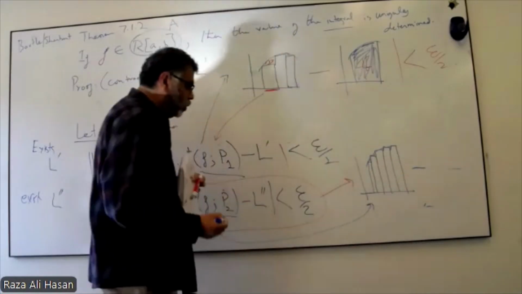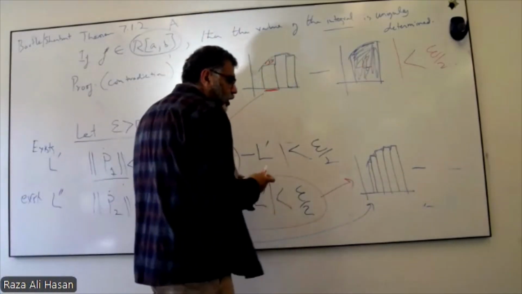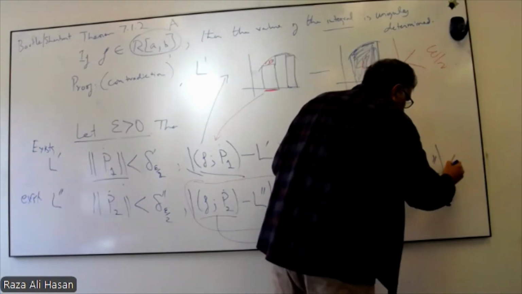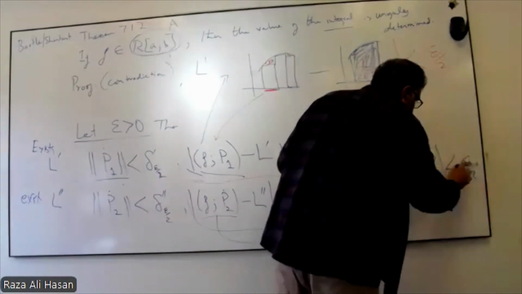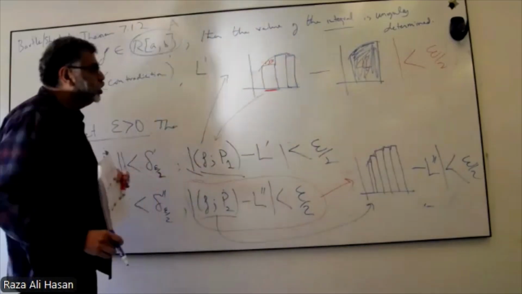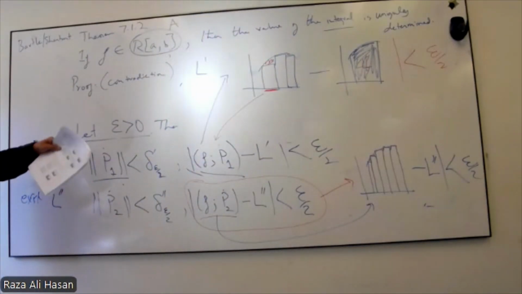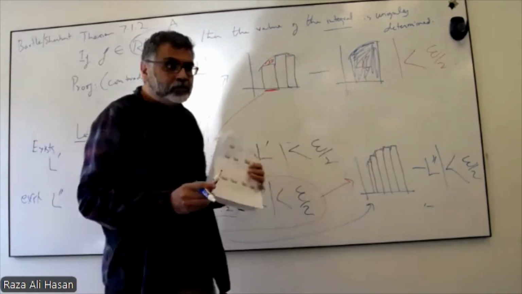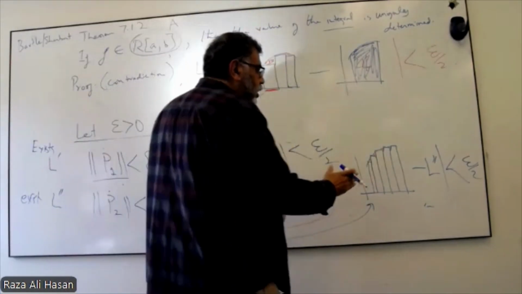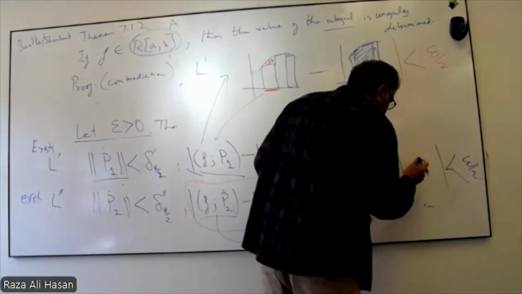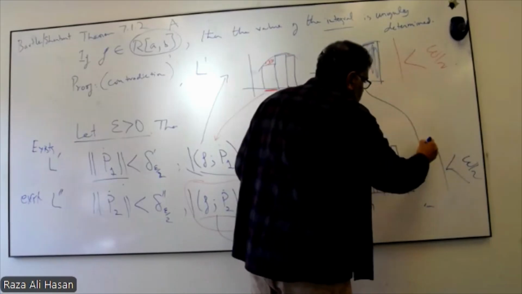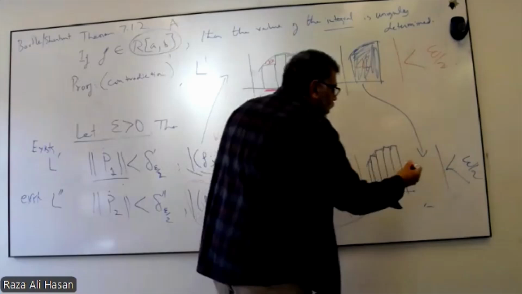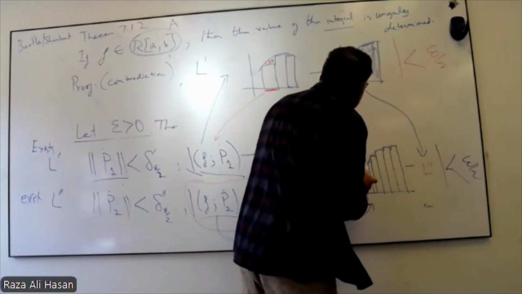And then the exact integral right here is less than epsilon divided by 2. Because we assume that this function has 2 exact areas, which is impossible. And actually, I need the picture here, sorry. And then this same picture goes here. And this would be L double prime.